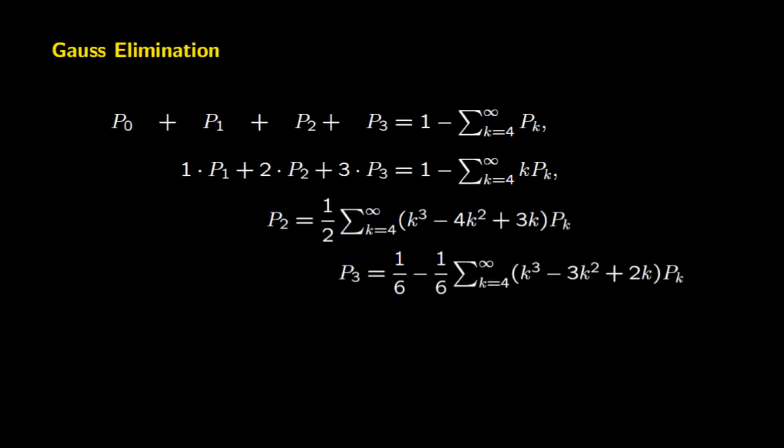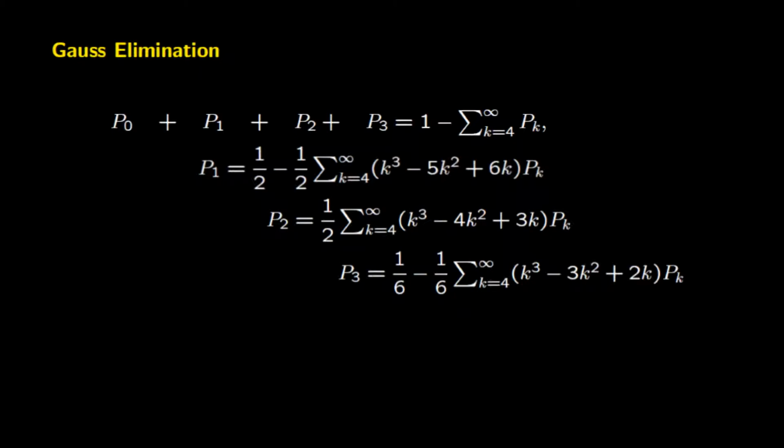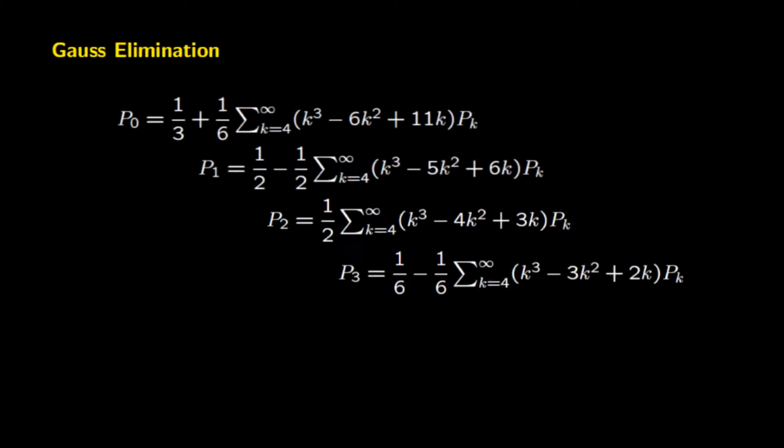Substitute these p2 and p3 in the second equation. Finally, all p1, p2, and p3 are substituted in the first equation. Here we have a formula for p0.